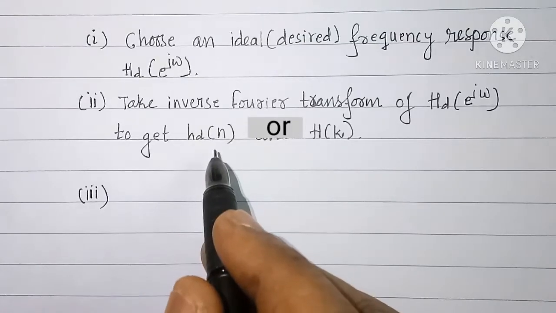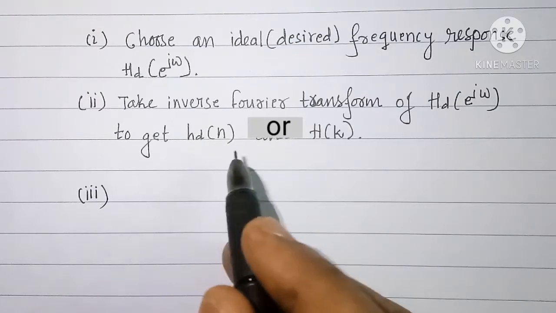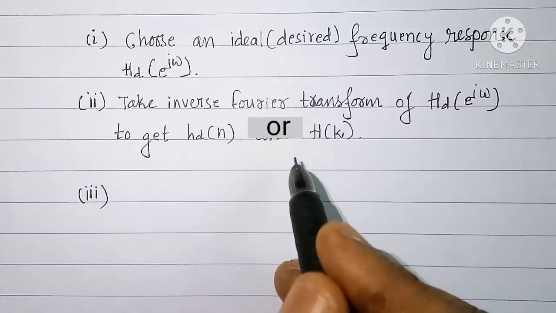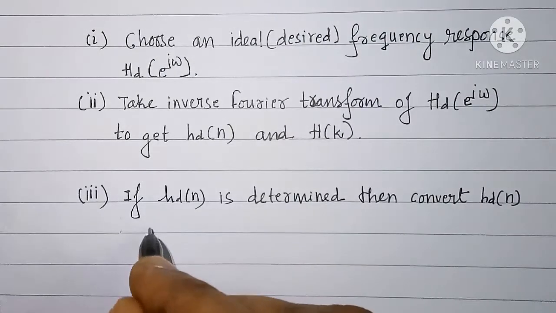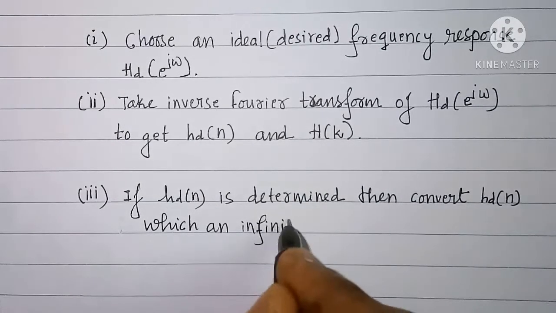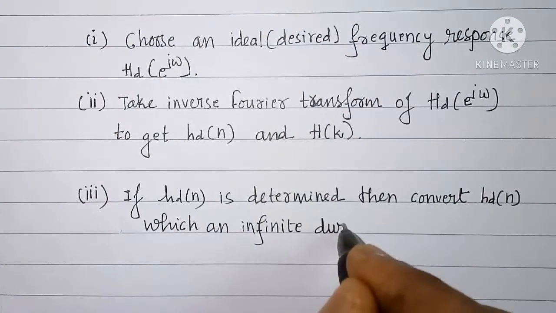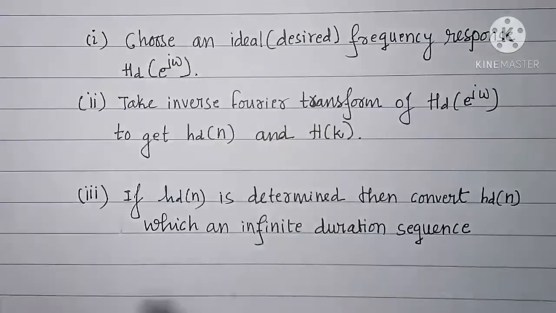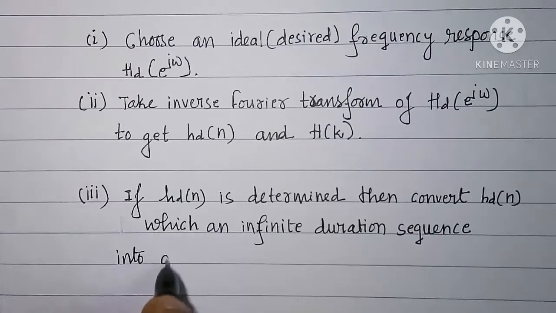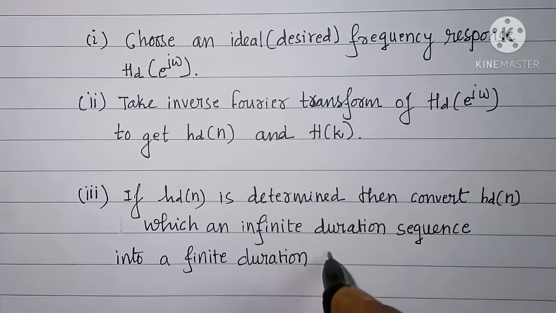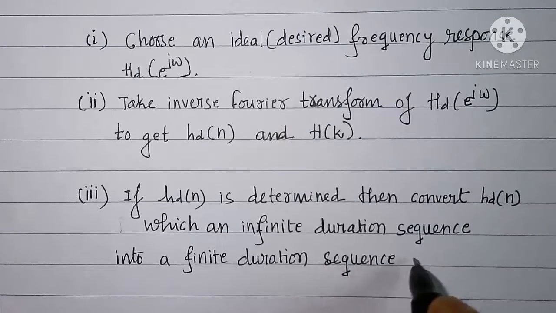After finding HD of n, which is an infinite duration sequence, convert HD of n into a finite duration sequence h of n.